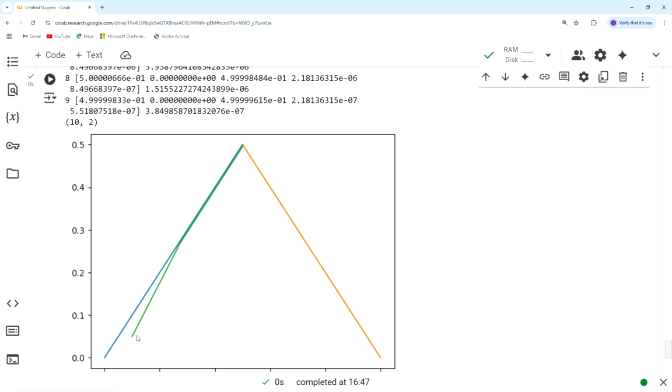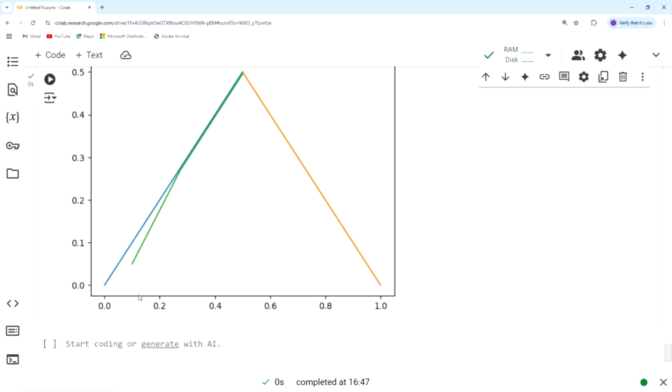We started at 0.1, 0.05. You can see that this is 0.1 and this is 0.05. It moves very close to the line x1 equal to x2, and from then on it moves kind of parallel to this line and then reaches the point half comma half.